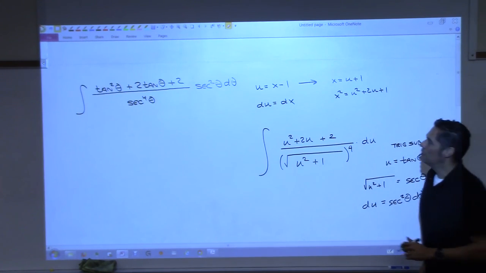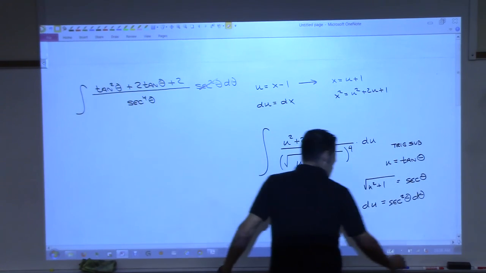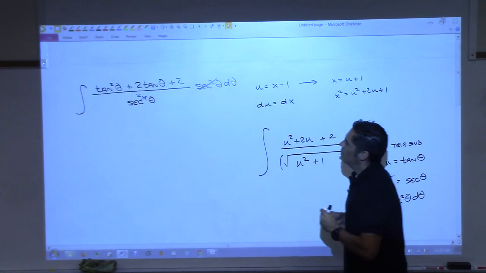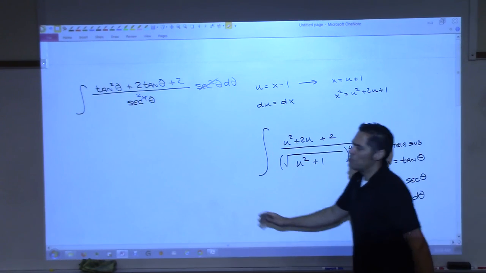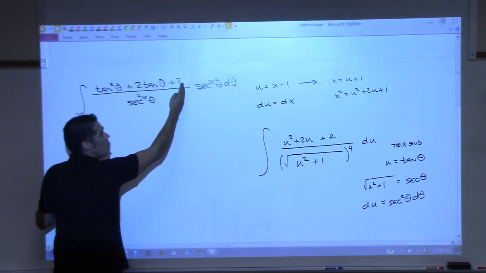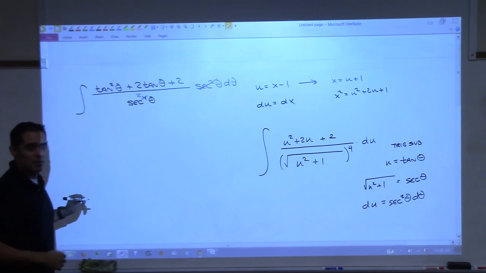Yep. Secant squared is gone. This 4 becomes a what? 2. And so don't you have these 3 terms over a single term? And so can't you split this into 3 separate integrals?